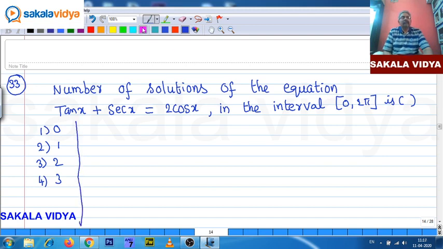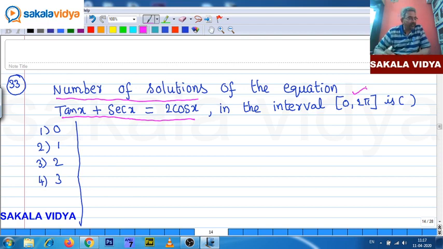Now, we are asked to find the number of solutions of the equation tan x plus secant x is equal to 2 cos x in the stipulated interval 0 comma 2 pi. We need not find the solutions themselves, only the number of solutions, but to count them, first we need to solve.